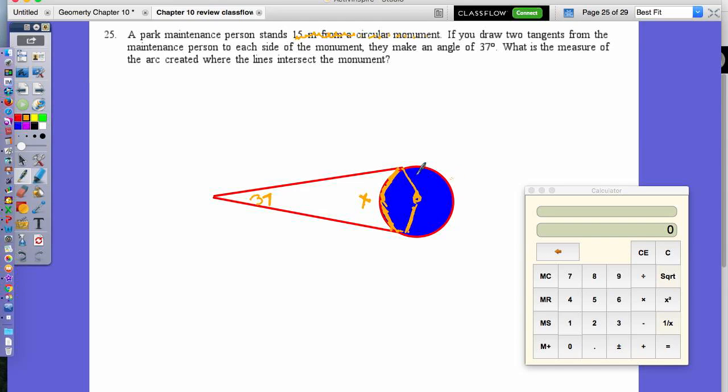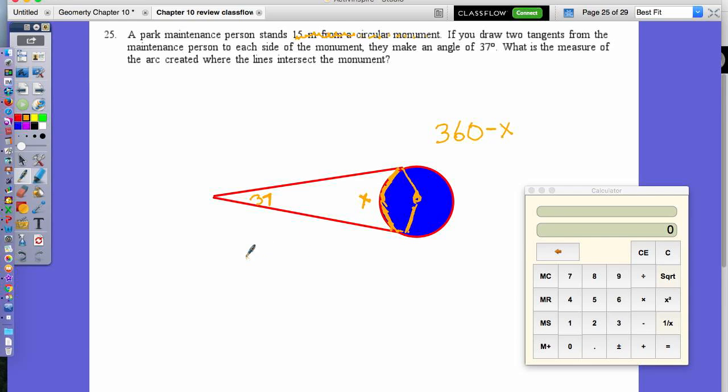Whatever x is, the other arc is 360 minus x. 360 is the total circle. We're actually finding the smaller arc and the larger arc. These tangents are breaking this into two arcs.